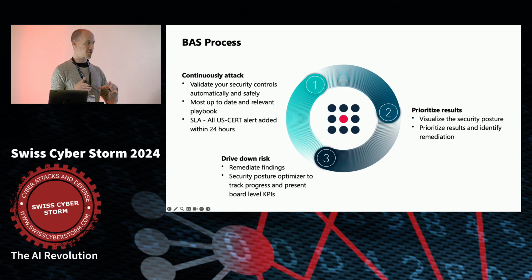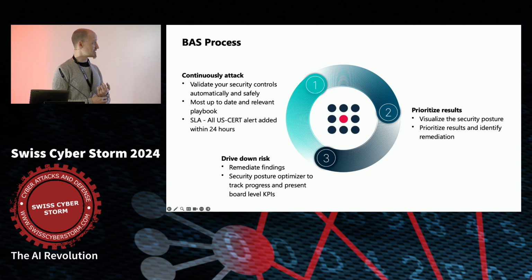They're called scenarios, which is a set of actions that will be executed, and we run them continuously in your environment. And they will also be regularly updated. So if there are new threats emerging, it usually takes 24 hours and we get a matching action, so we can run those against your scenario.